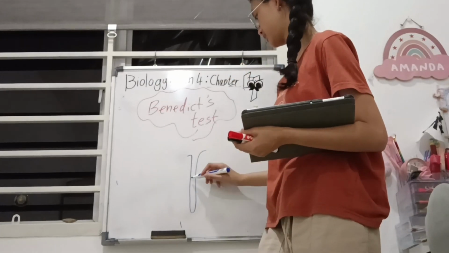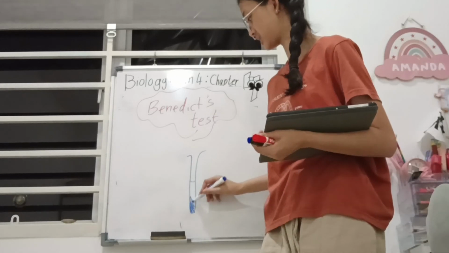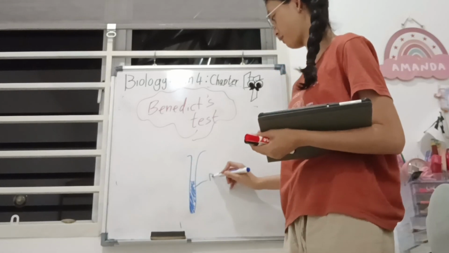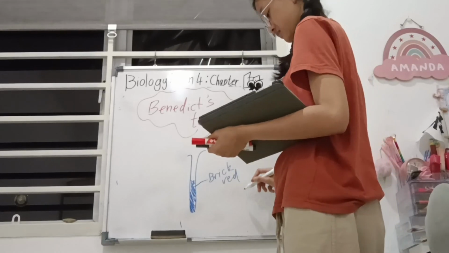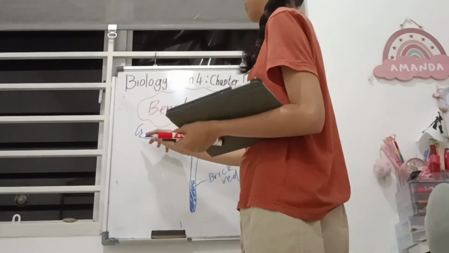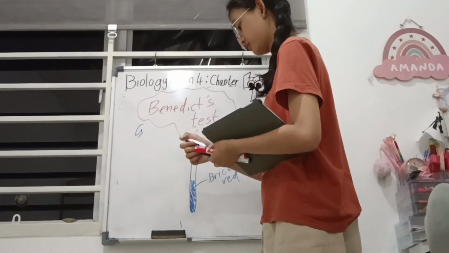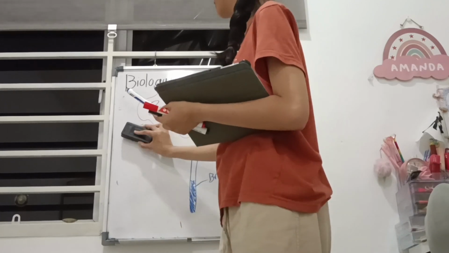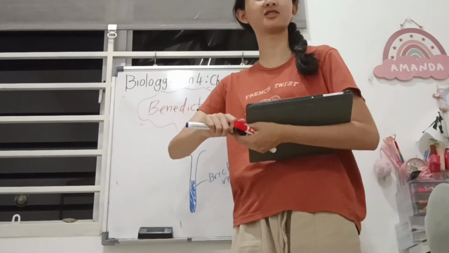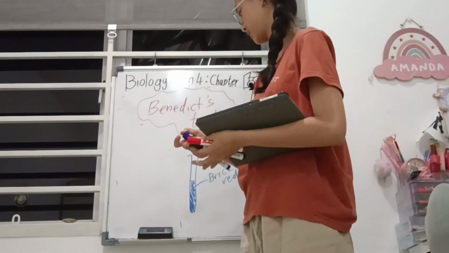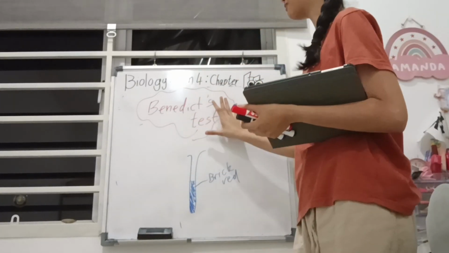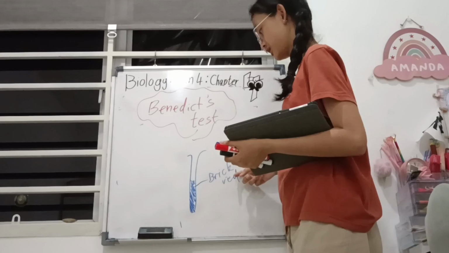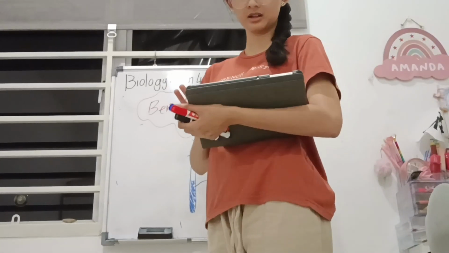You did the test and this became brick red. That's for reducing sugar. I don't know how to explain this test honestly. But you should know that for carbohydrate, it's Benedict's test, and the result is that it becomes brick red.